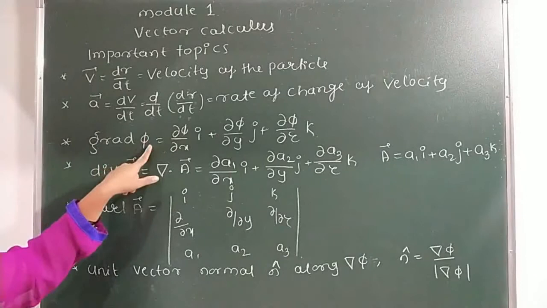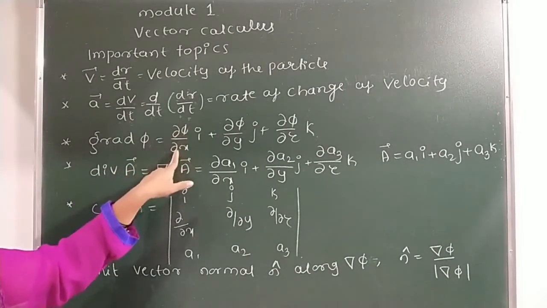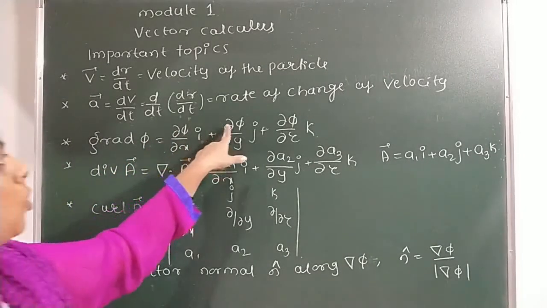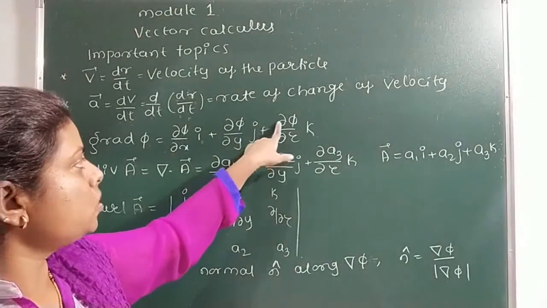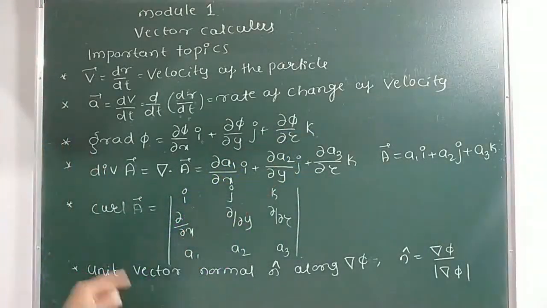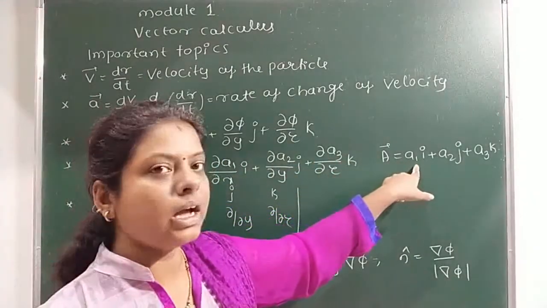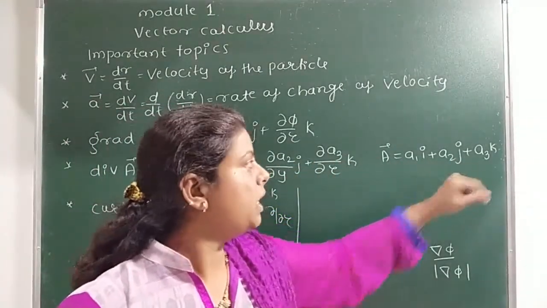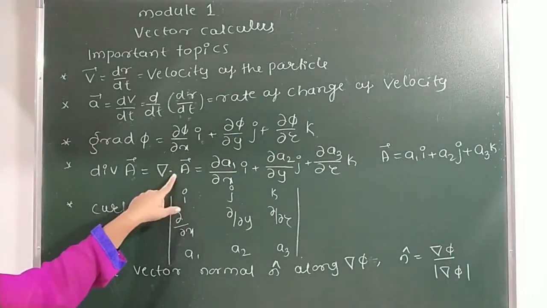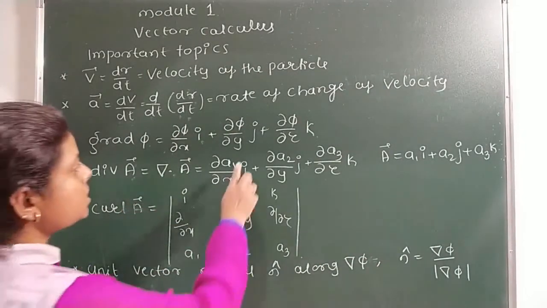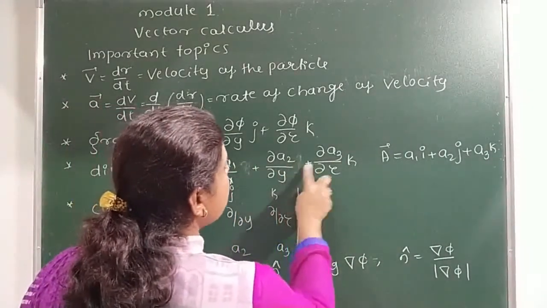Now grad phi is nothing but ∂phi/∂x i plus ∂phi/∂y j plus ∂phi/∂z k. Divergence of vector A, where A is a1 i plus a2 j plus a3 k. Here the dot product has to be applied, so the i, j, k terms will not come.